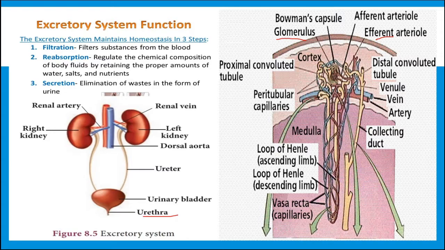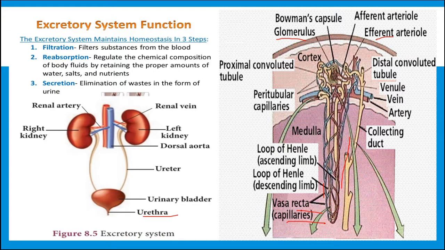Now, the tubule coming out from the Bowman's capsule is known as the proximal convoluted tubule or PCT. Then it extends to this side, this is the descending limb, and it comes up, that is the ascending limb, and this is known as the loop of Henle, which is surrounded by a network of blood capillaries known as the vasa recta.